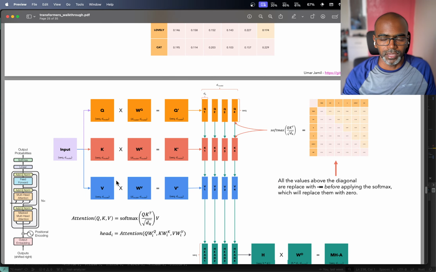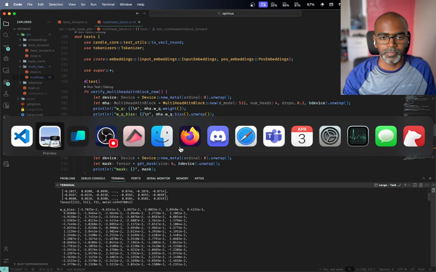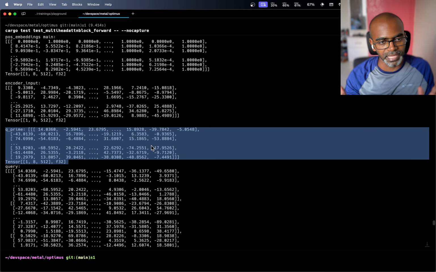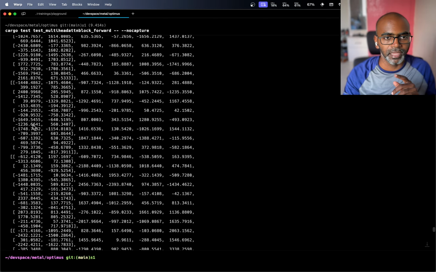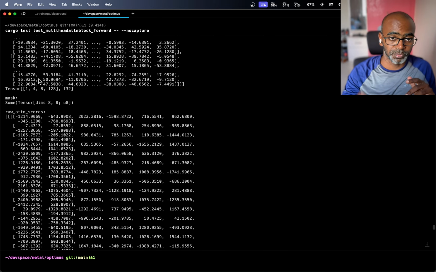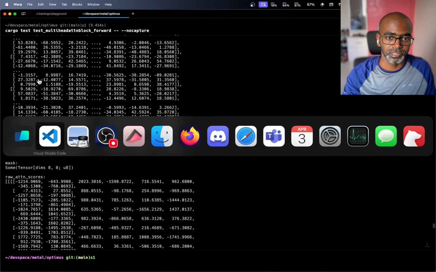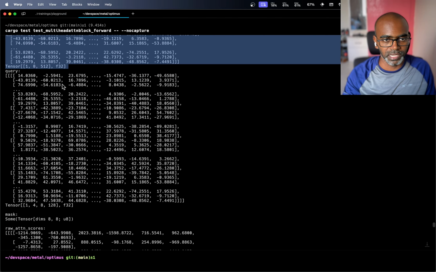Okay, so we're done with it, and you can also see the result. So you got Q prime, then you also got query, and you've also got raw attention scores that we just printed out when we do the calculation, which is this part: Q times K transpose divided by the square root of dk, times V. When we do all of that, we get the raw attention scores.